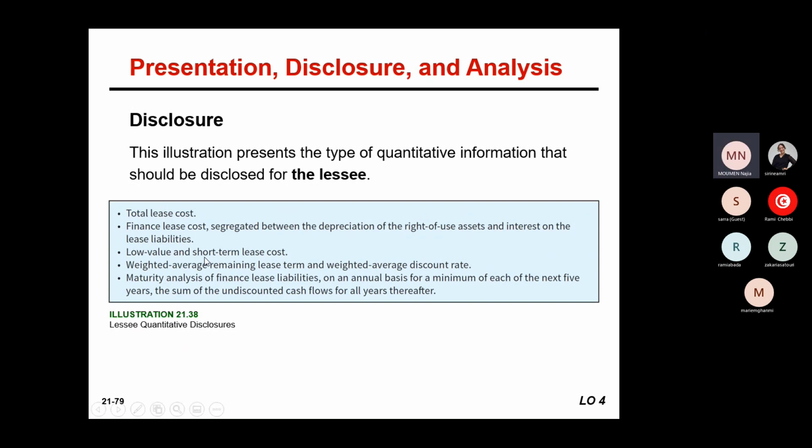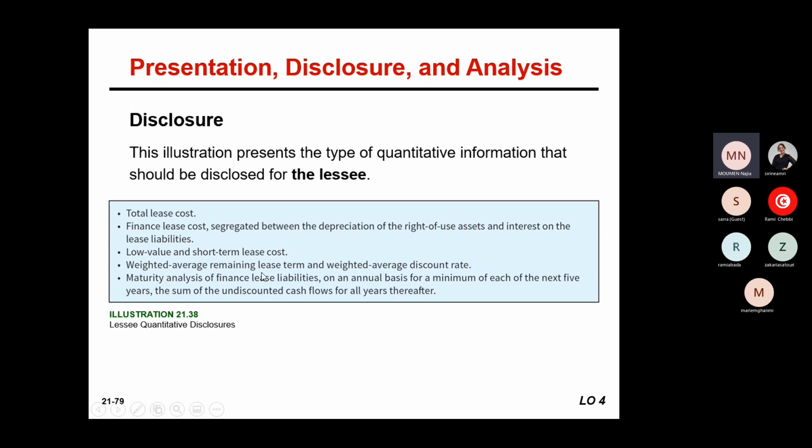Again, if there is any low-value or short-term lease cost, it must be talked about. Here we also have the weighted average remaining lease term and weighted average discount rate, if they are using many leases.